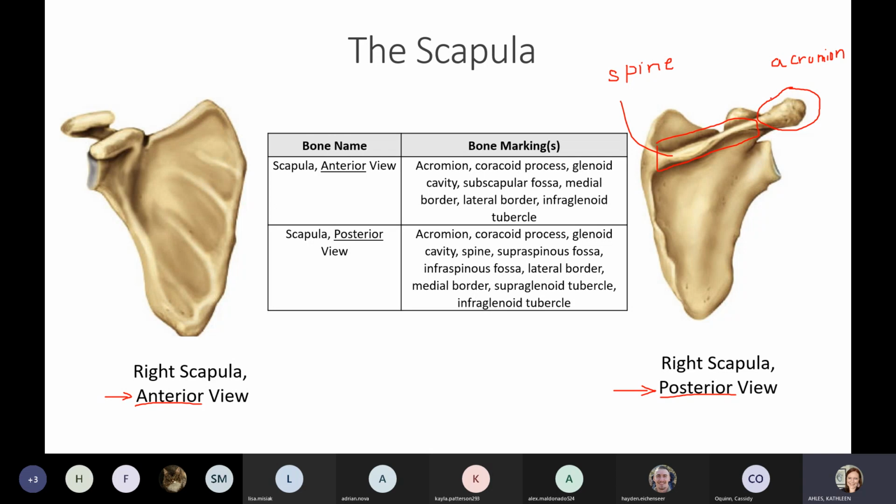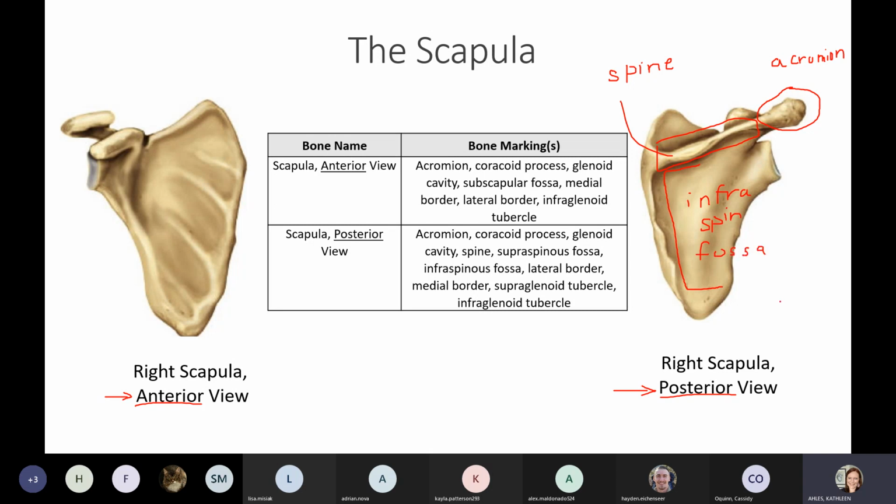We can also see, when we're looking at the posterior side, the side that you can feel, that there are indentations above and below the spine. The whole region that is an indentation below the spine is called the infraspinous fossa.